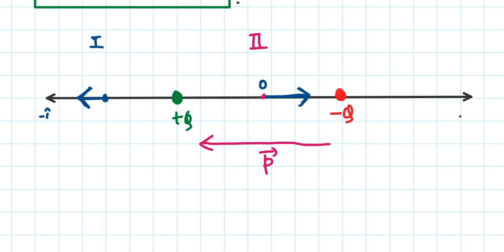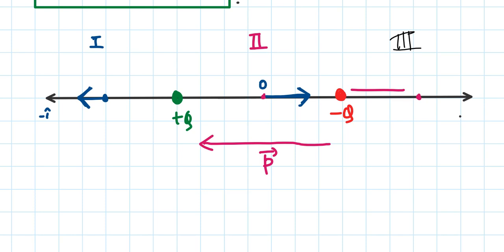What about the third region? The third region will be the region beyond the minus q charge. So any point in this region is closer to the minus q charge than it is to the plus q charge.